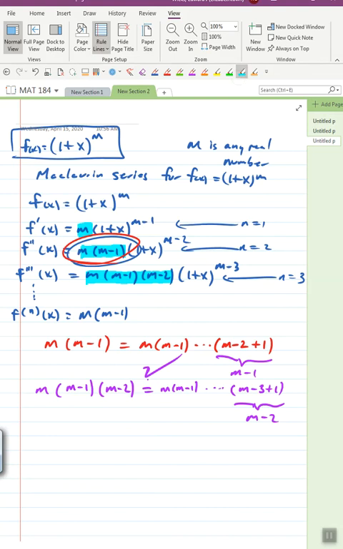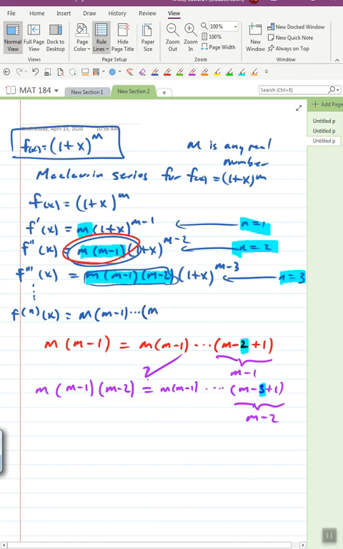Notice the number I'm plugging in here is n. So what I'm driving at is, when I take the nth derivative, what should this part in blue be? It should be m times m minus 1 times m minus 2 down to, what would the very last factor be?